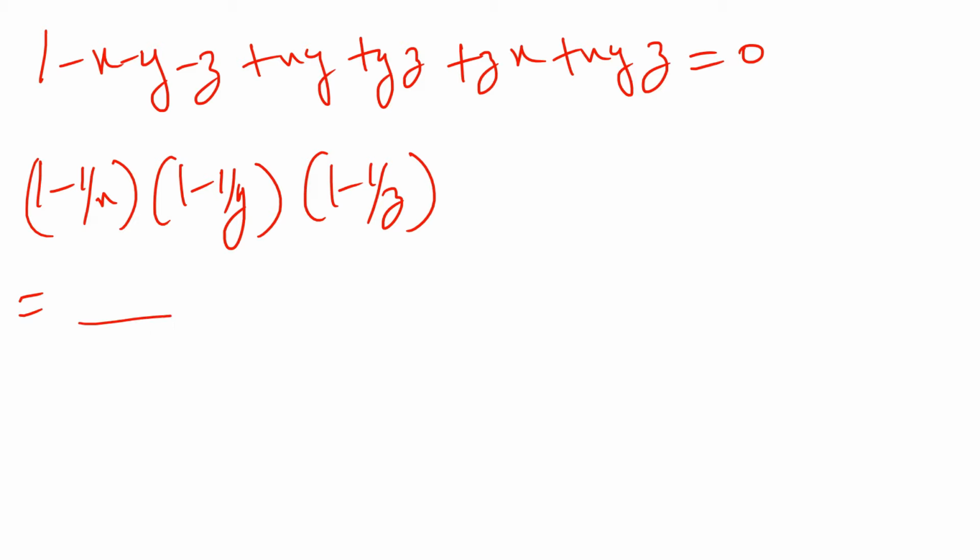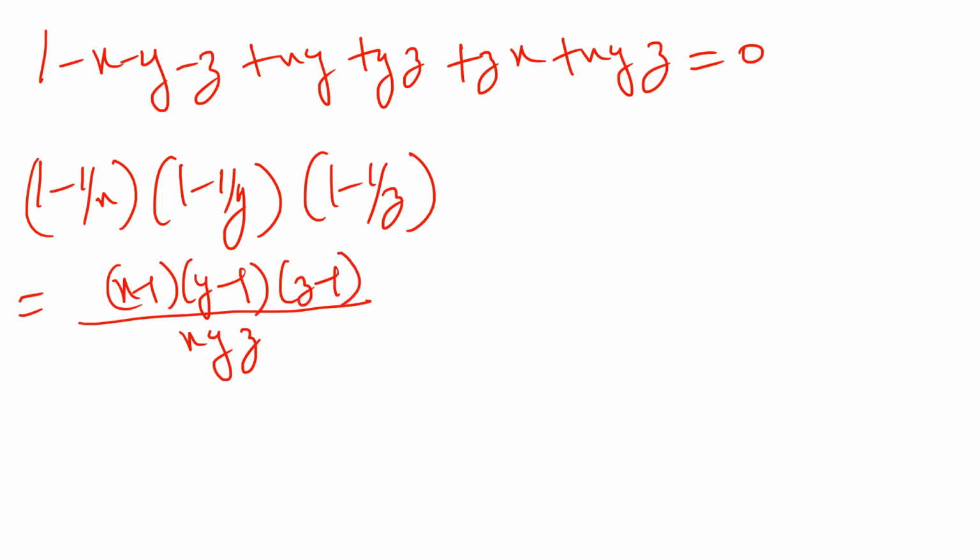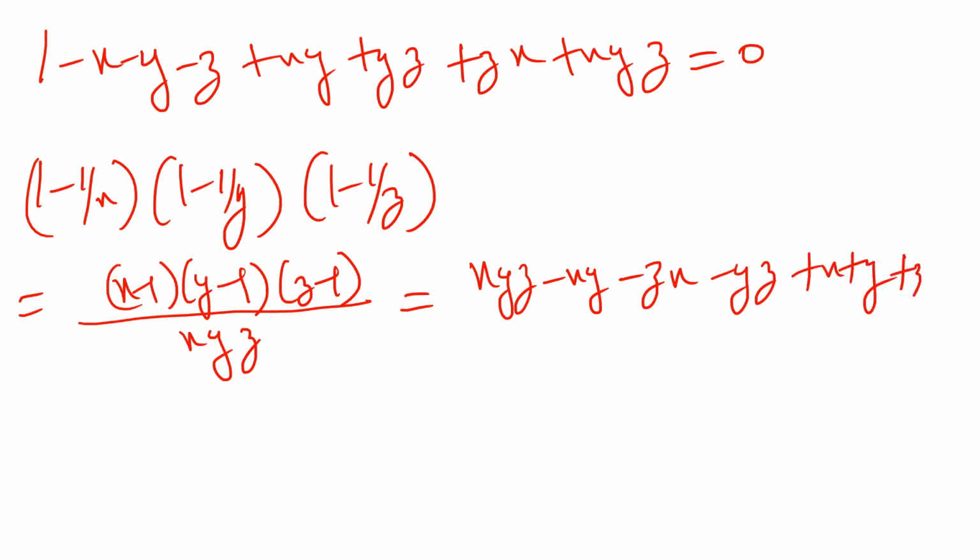If we just take the LCM, in the denominator we get xyz, in the numerator we get x minus 1 into y minus 1 into z minus 1. And if we simplify the entire expression over here, we'll be getting xyz minus xy minus zx minus yz plus x plus y plus z minus 1 whole divided upon xyz.